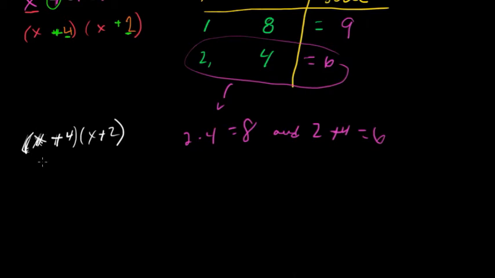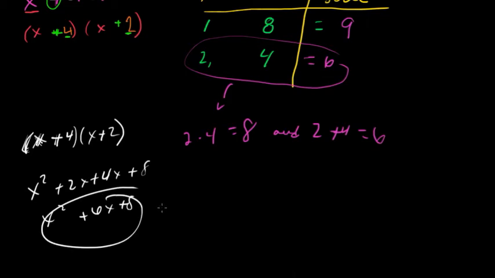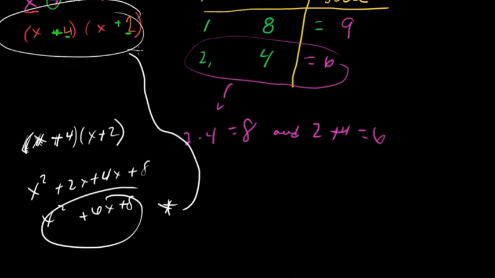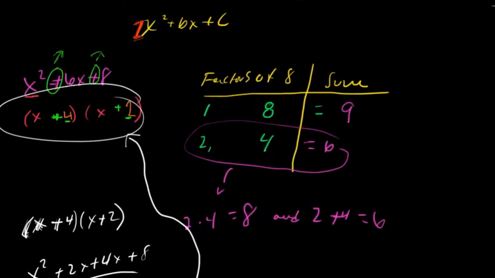If we FOIL this, we get x squared plus 2x plus 4x plus 8. Combine your like terms, and you get x squared plus 6x plus 8. So this indeed is the factored form of this expression: x plus 4 times x plus 2. So that works. Let's go ahead and do another one.